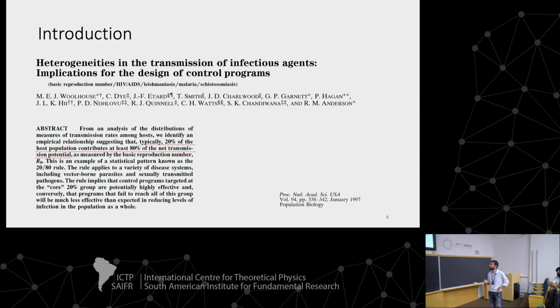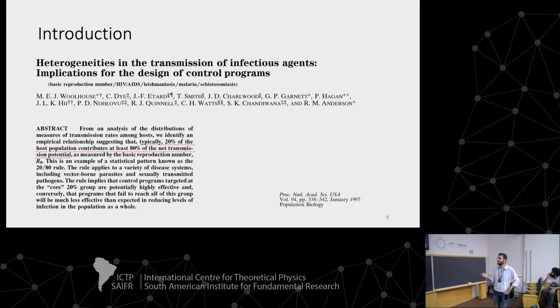So then, going to the project. We know from many infectious diseases this heterogeneity in transmission, and there is this paper from 1997 from Woolhouse, and he observed this rule, which he called the 20-80 rule, which says that 20% of the host population contributes at least 80% of the net transmission potential.